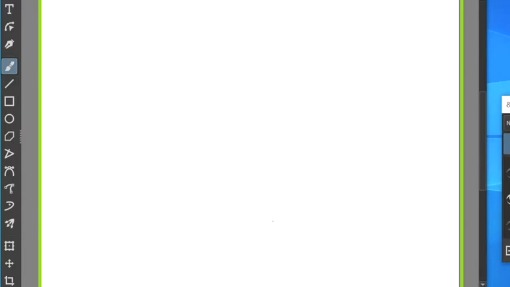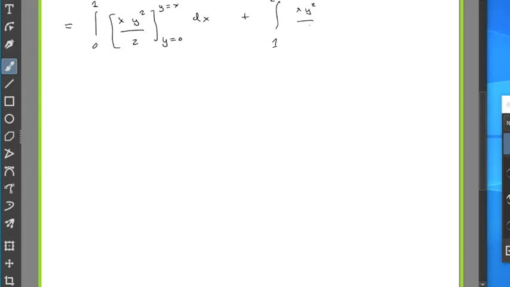So let's do that. When we take the primitive of y, we get y squared halves. That then needs to be evaluated in y equals 0 and y equals x. And then we get the same thing here, but with other limits.